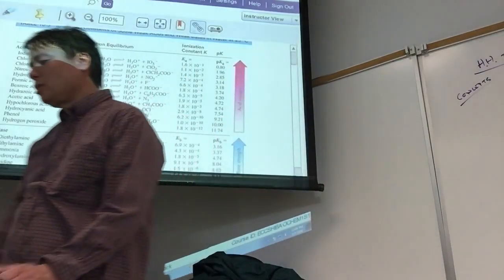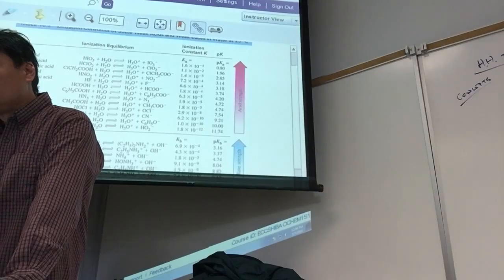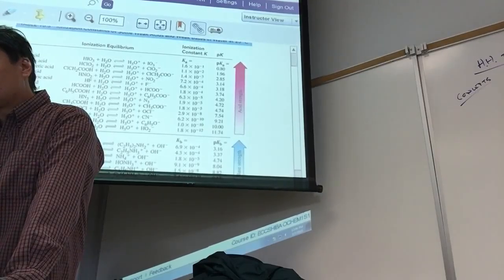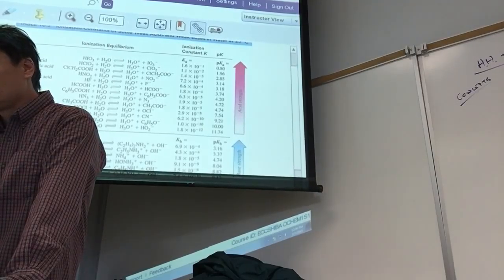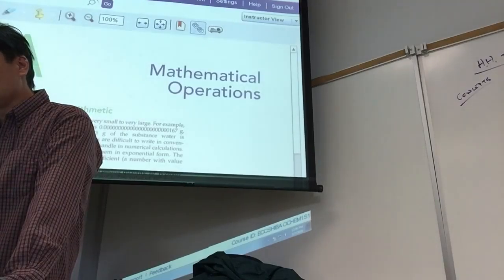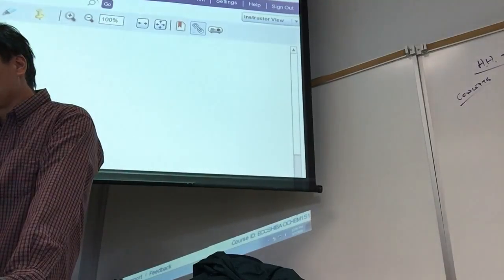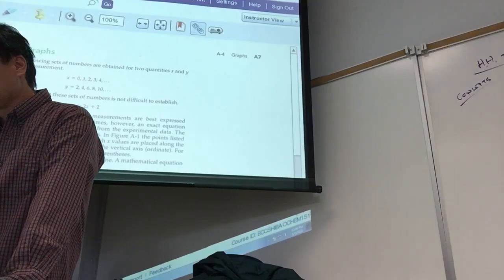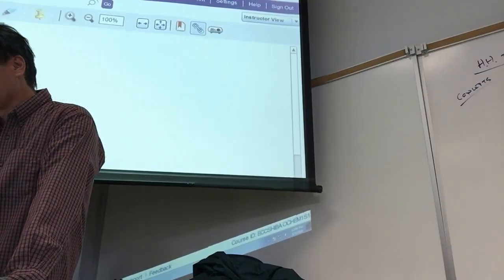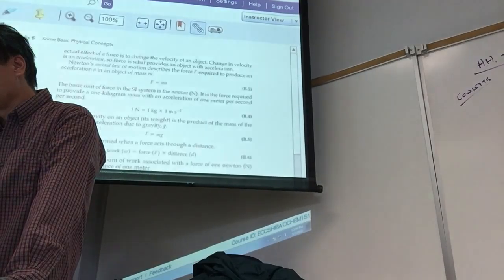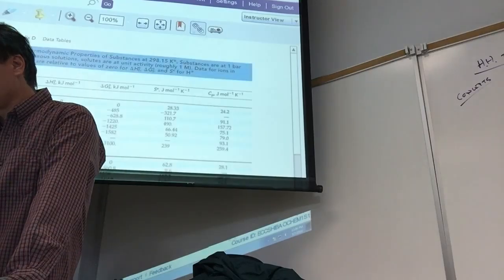Well, let's see what kind of choices we have for making a pH 7.00 buffer. And so I'm going to go into the appendix here and see. Appendix D.